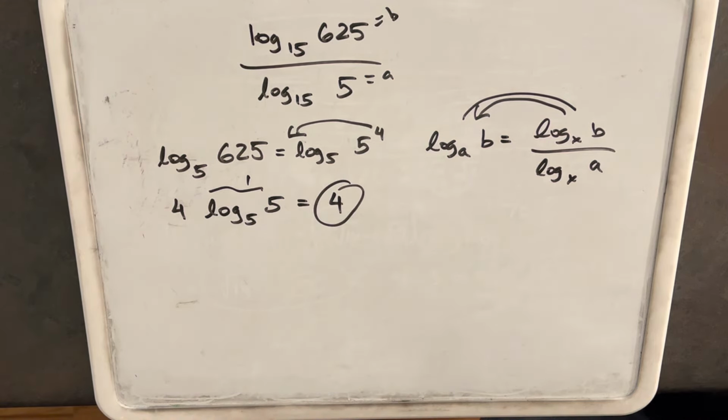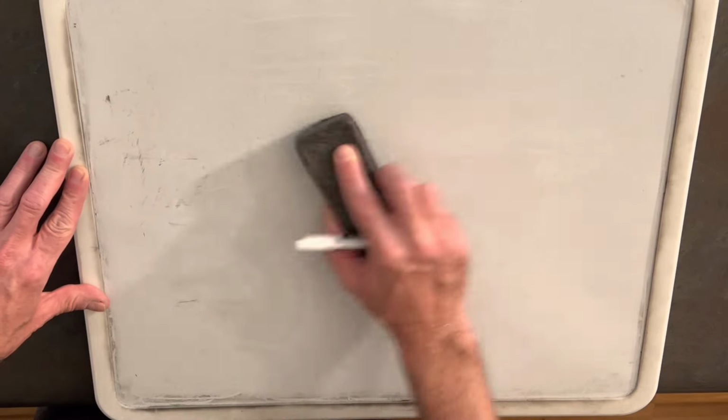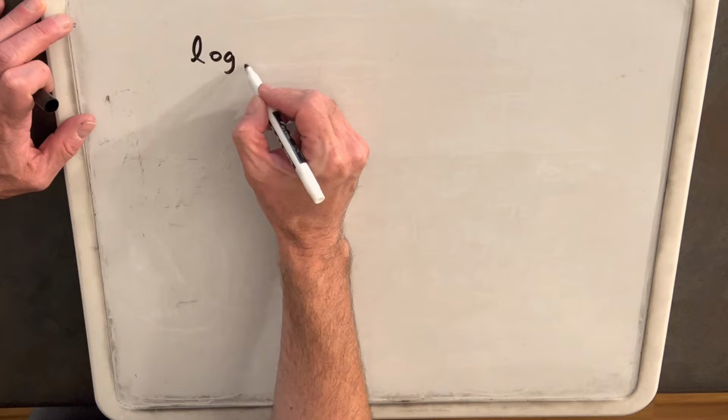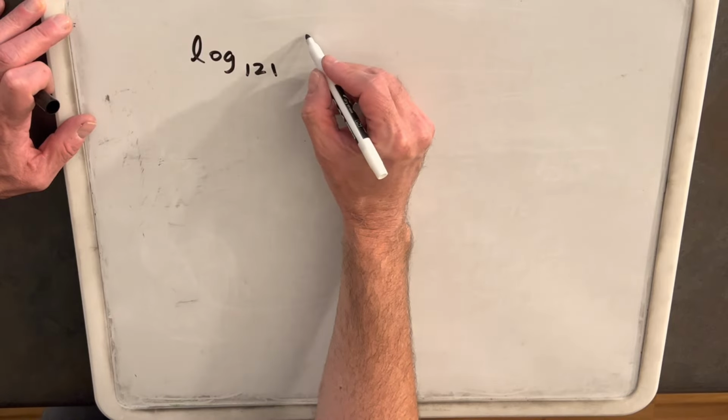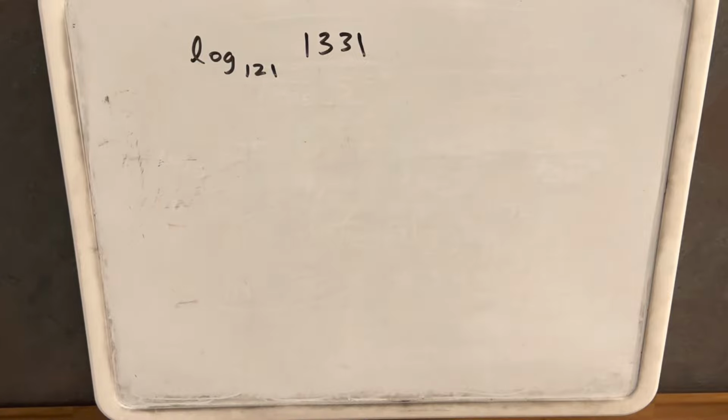My refrigerator's making noise. Okay, so that's correct. So we'll go to the next one, and the next one is too similar. Next one is log base 121 of 1331. That's interesting.